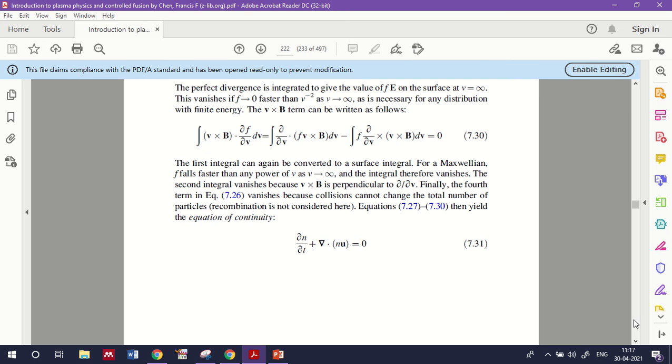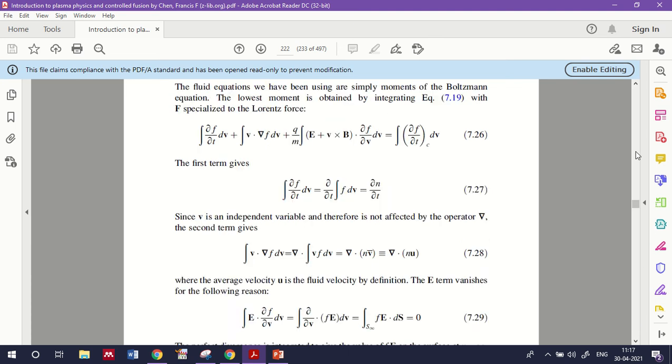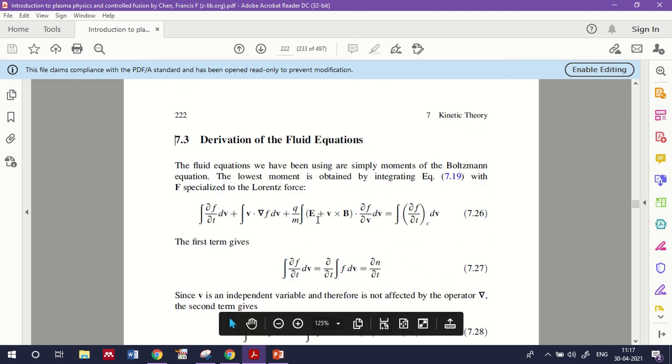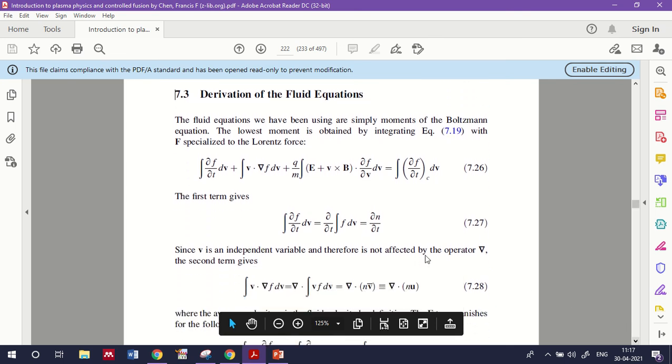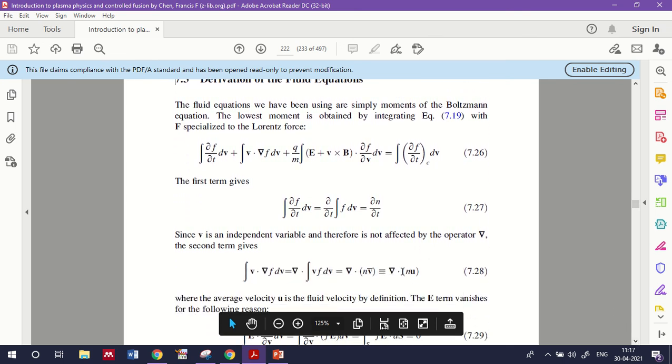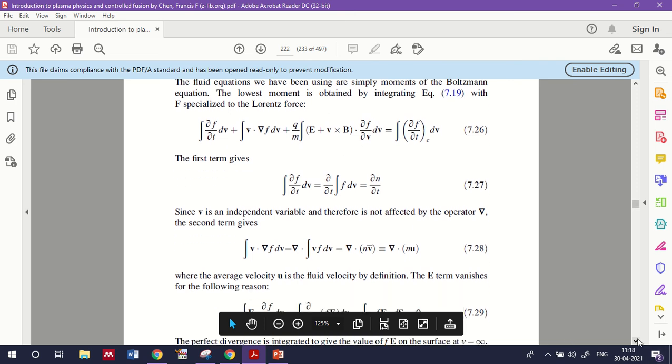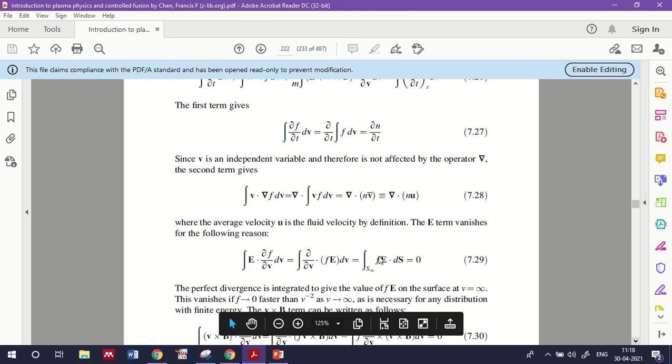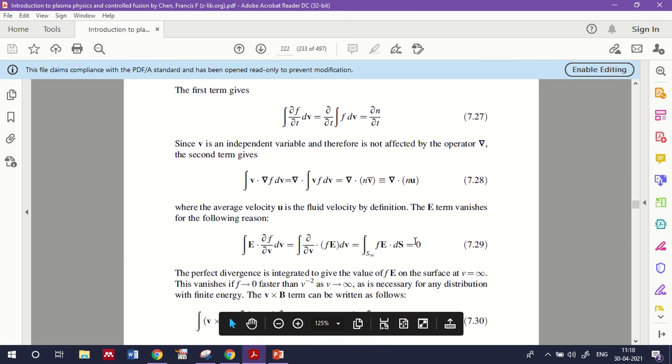Now if you substitute the entire equation into the above equation, we have dou n by dou t on one side, plus del dot nu on the other side. Then the remaining three terms: we have seen that fe dot ds will be equal to 0 if s tends to infinity, that is, if the surface is at infinity, then this is 0.